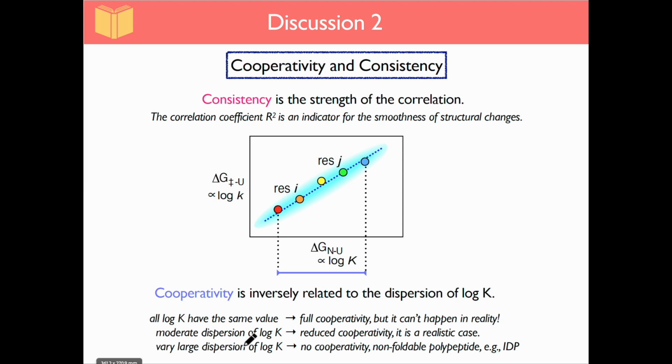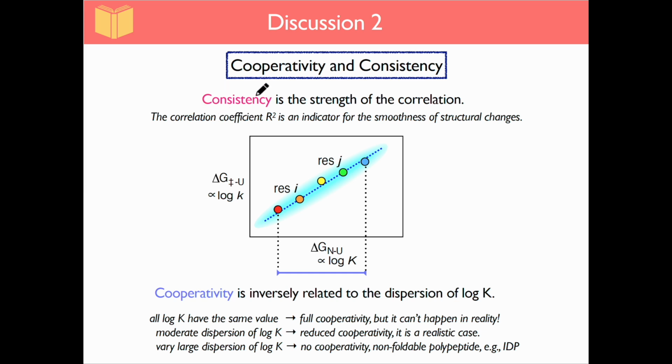A moderate dispersion of log K means reduced cooperativity, and we think it is a realistic case. A very large dispersion of log K means no cooperativity, for example, in the case of non-foldable polypeptides such as ITP.